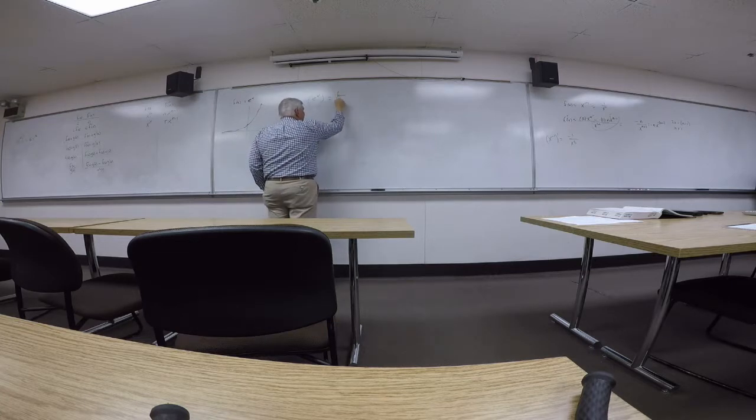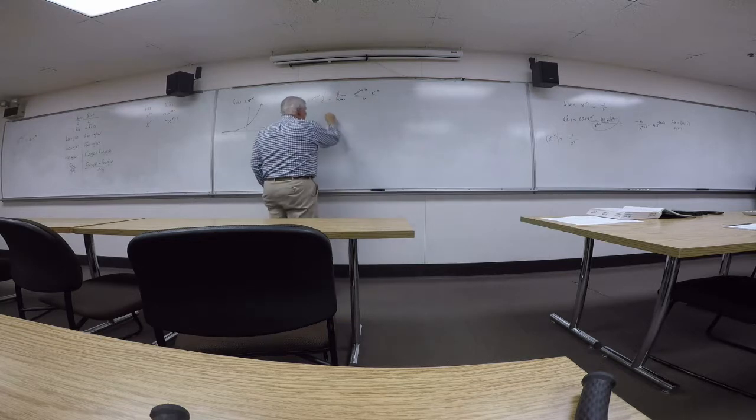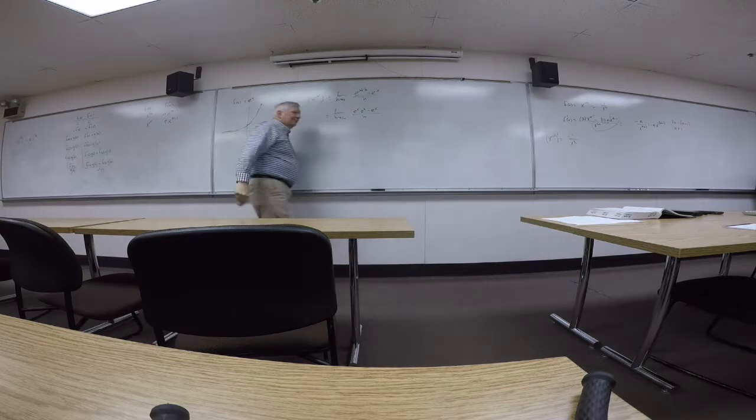Limit as h approaches 0, e to the x plus h minus e to the x, over h. Using our rules of exponents, this can be written as e to the x times e to the h minus e to the x, over h.